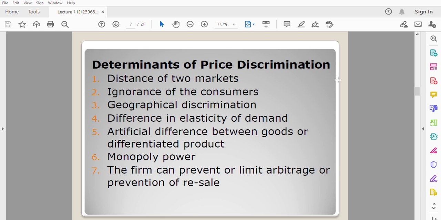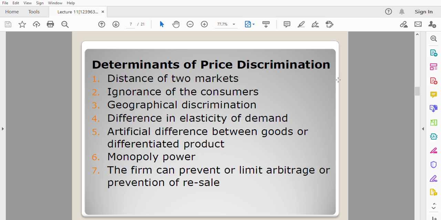So if the firm can prevent someone buying the commodity and taking it to a place where commodities are commanding different prices, if he can prevent that whole thing, then he can discriminate price.